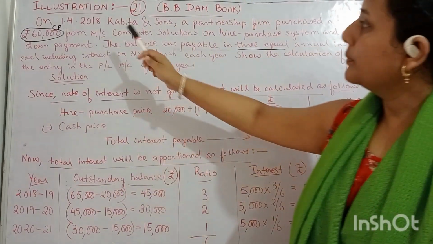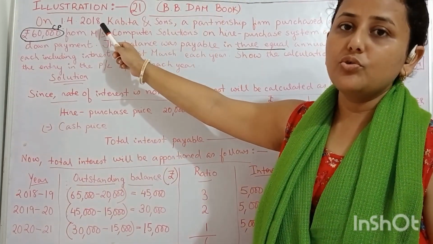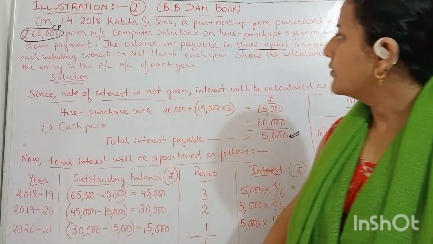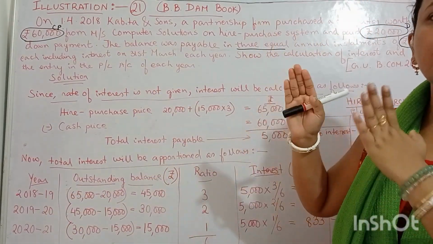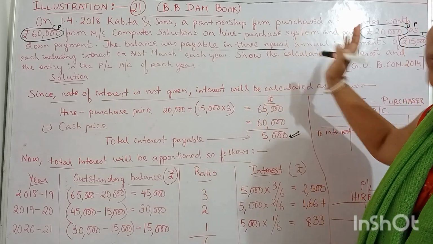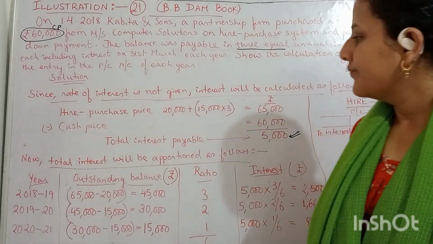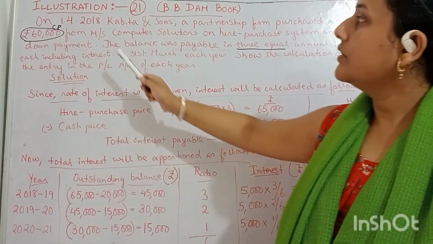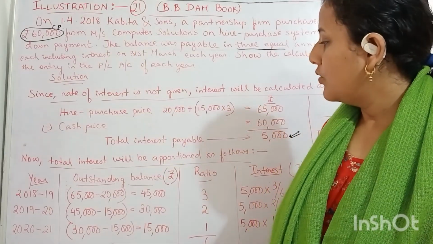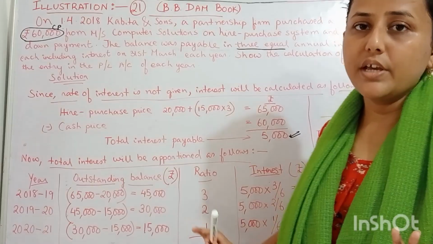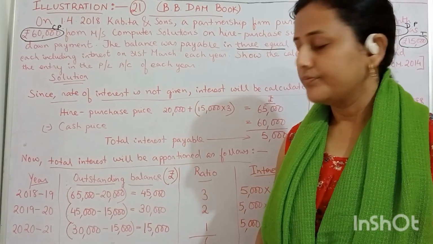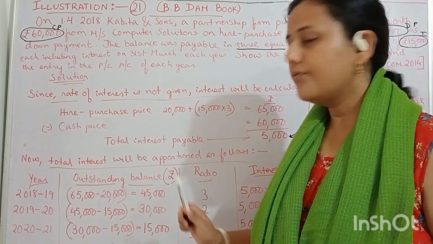The computer was purchased in 2018, so for 2018-19, what is the hire purchase price, meaning the total price to be paid for the purchase of the computer? It is 65,000. At the beginning of the year, that is 2018, 20,000 was paid on the date of purchase, so less 20,000.